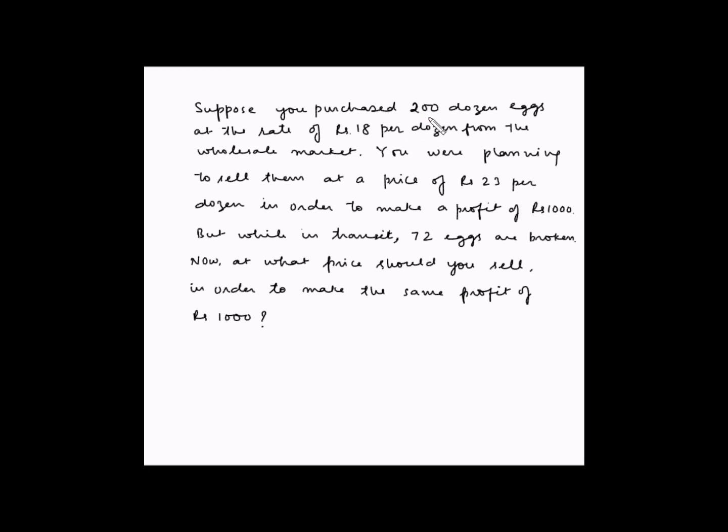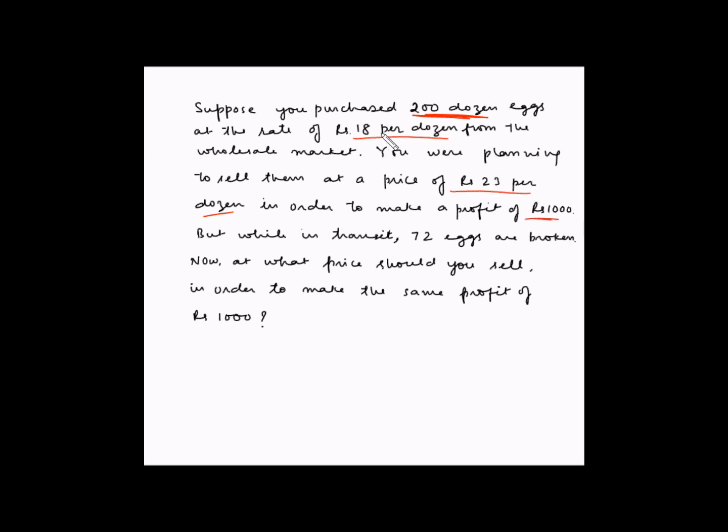So here you know the quantity that you purchased. You also know the cost price, which is rupees 18 per dozen. You were originally planning to sell them at rupees 23 per dozen, and you are already given that you would be making a profit of rupees 1000.